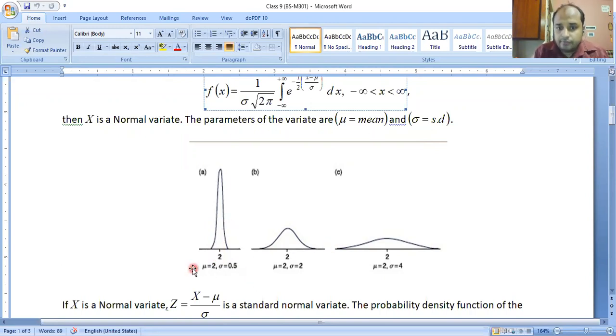But the spike or the flatness occurs not because of the mean value but because of the variation, the measure of the standard deviation. If you keep on increasing the standard deviation, it will be flatter and flatter, but its natural characteristics will remain the same. So the normal distribution is a curve, also known as the probability curve, and it is symmetric about the mean, median, or mode.